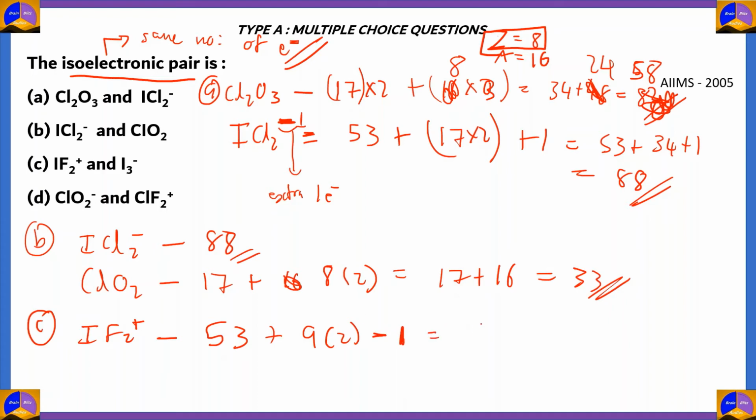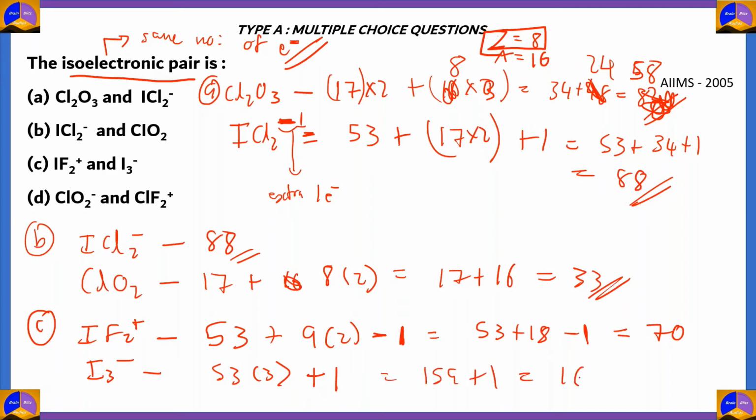So it is 53 plus 18 minus 1, which is equal to 70. Now I3 minus has 53 times 3 plus 1 because there is a minus charge on it. That is 159 plus 1, equal to 160. So 70 and 160 are not equal. Therefore option C is also not the right option.